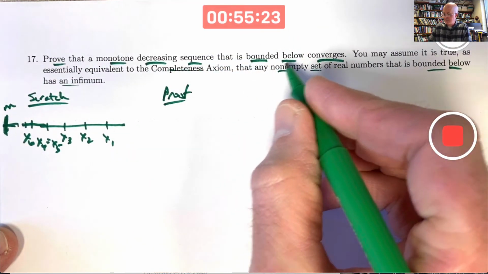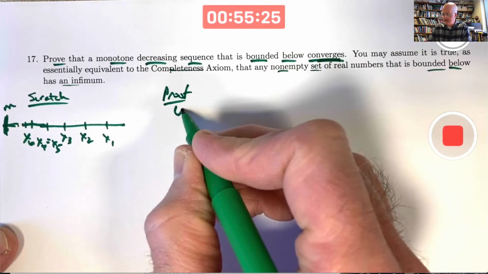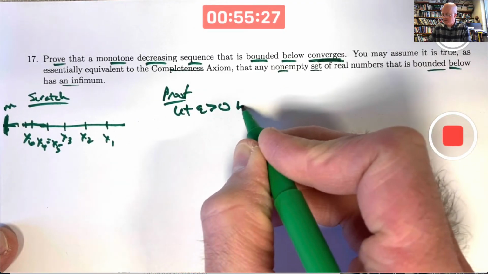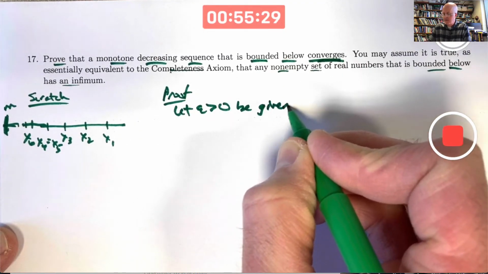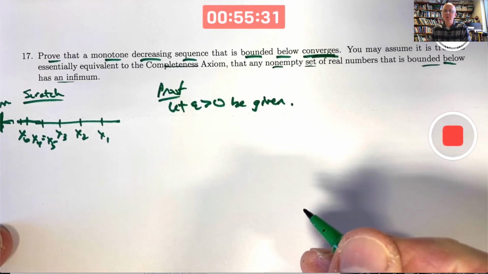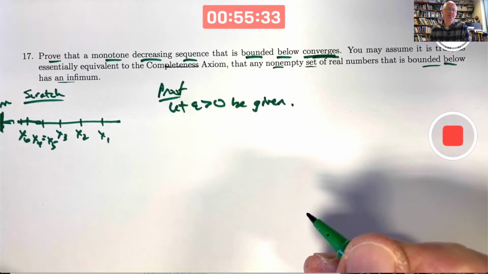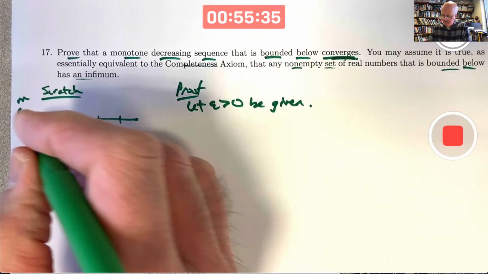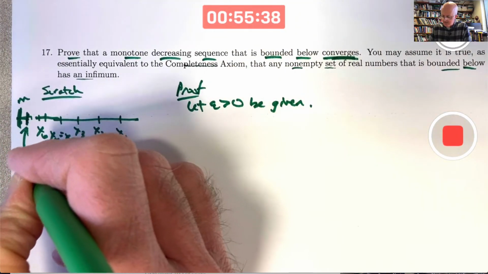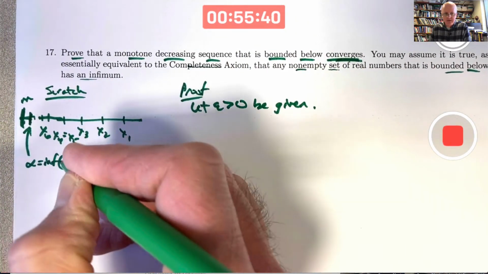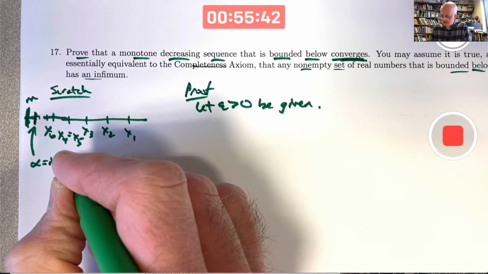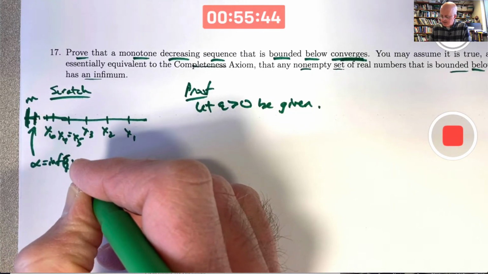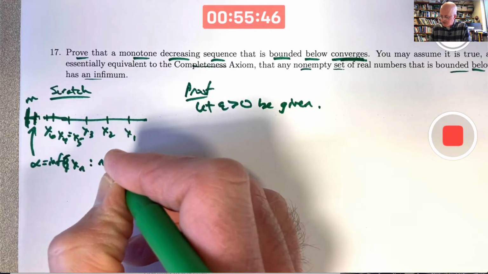It is a convergence proof, so I need to start by saying let epsilon greater than 0 be given. What should I use for my number bigger than the inf? Let's say alpha is the inf of the set of all outputs of the sequence, the set of all xn as n ranges over the natural numbers.